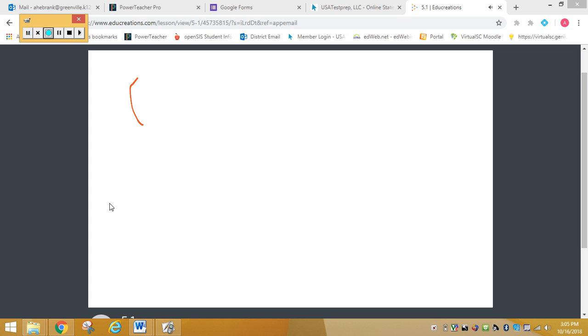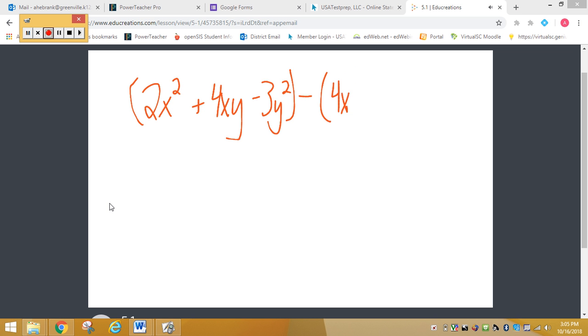The only thing, let me give you an example like this. If I had 2x squared plus 4xy minus 3y squared, I wanted to subtract 4x squared minus 2xy plus 5y squared.